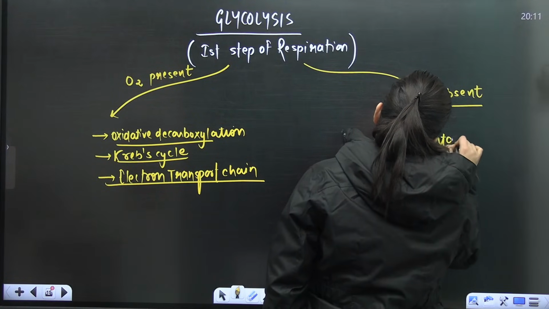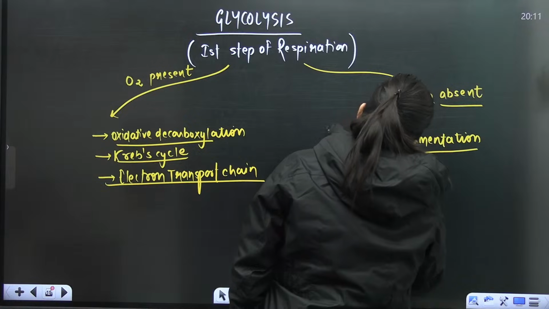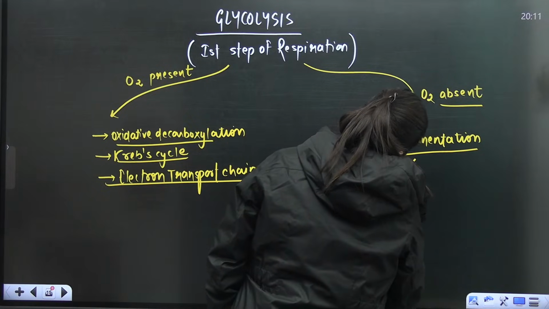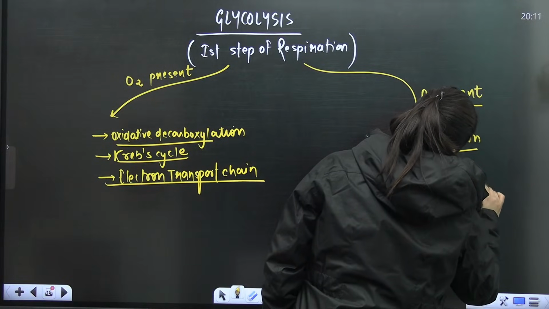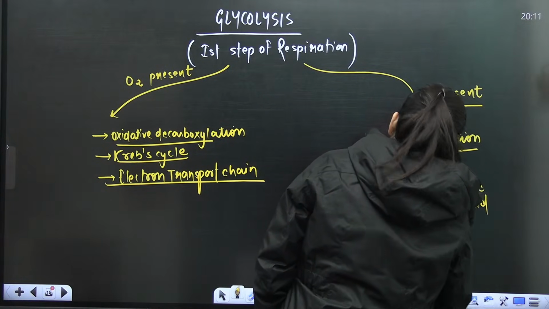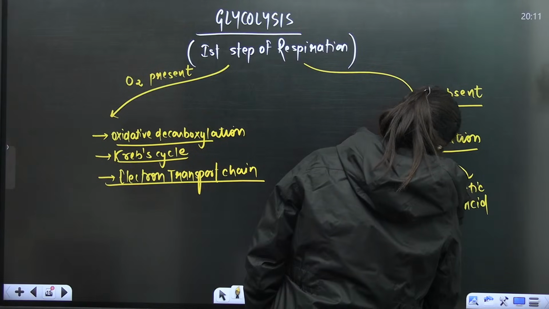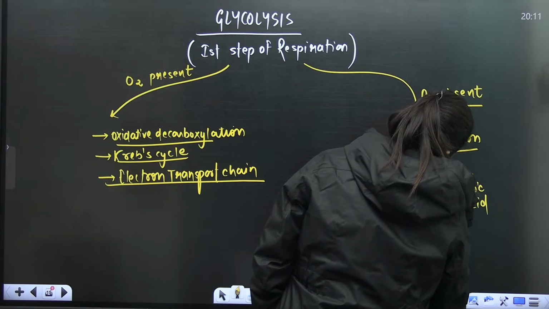What will occur, guys? Fermentation will occur. And there are two types of fermentation we will have to discuss here: alcoholic or lactic acid or lactate fermentation. So that is our entire chapter. Got that?